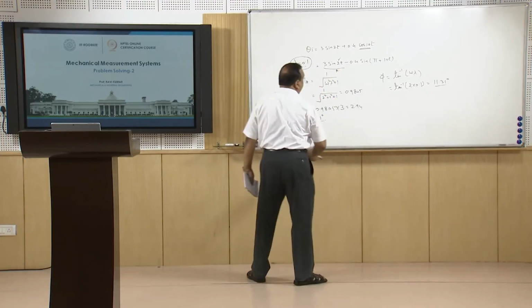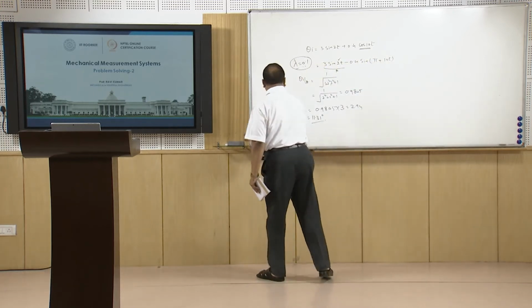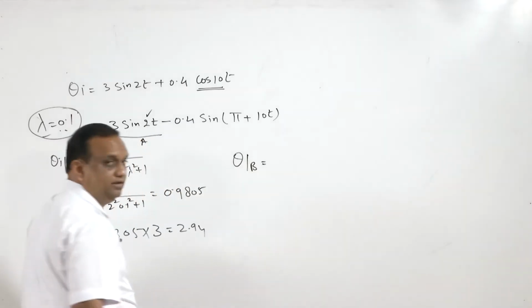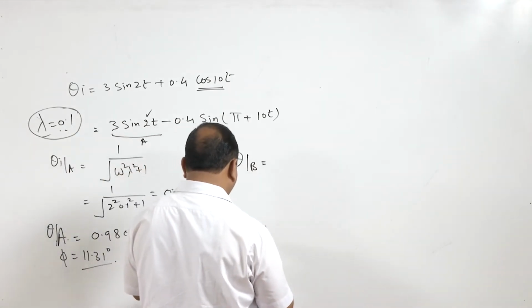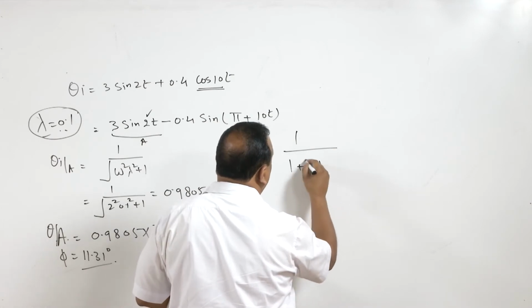Now for part B, the amplitude ratio for part B is going to be again 1 by under root of 1 plus omega lambda whole square.